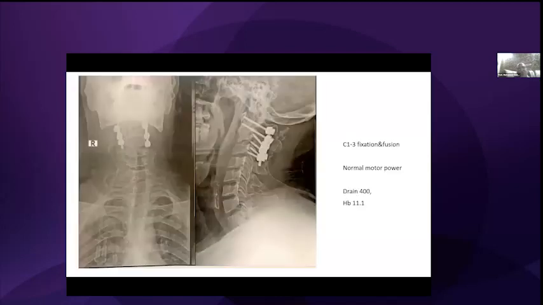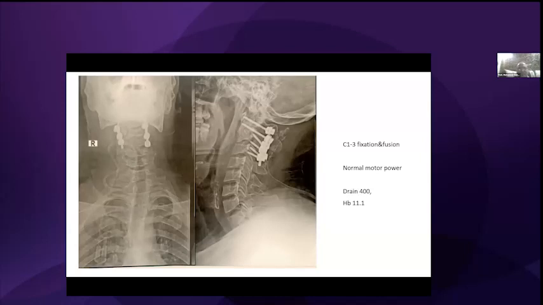So this is what we could achieve for our patient. After removal of the anterior odontoid screw, we went posteriorly. We selected C1, C2 Harms and Goel, augmenting the construct with a C3 lateral mass screw.